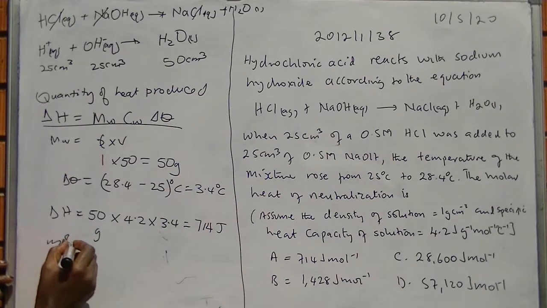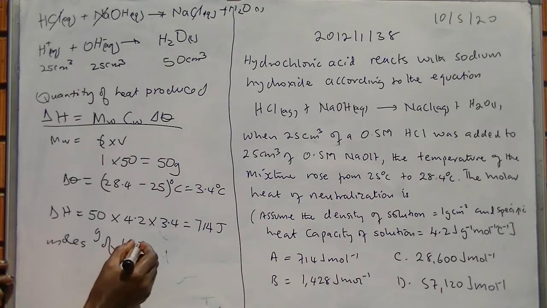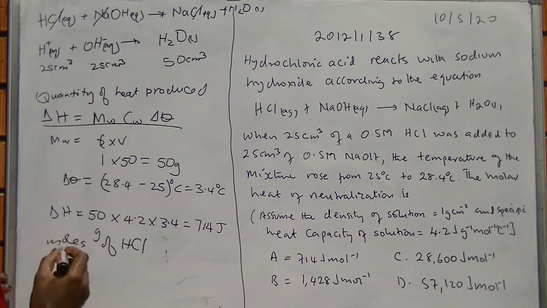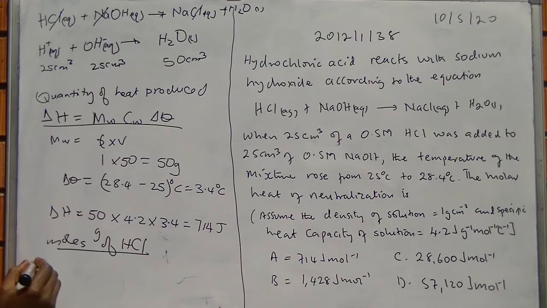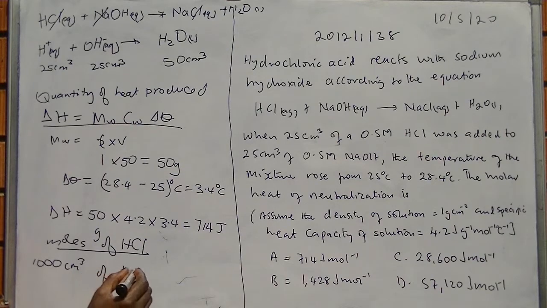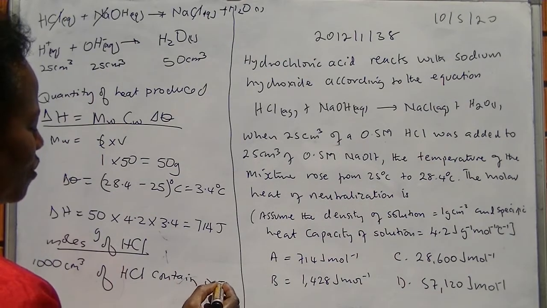Moles of HCl. Capital M, I told you, means molarity, and molarity is the number of moles in 1,000 cubic centimeters. So 1,000 cubic centimeters of hydrochloric acid contains 0.5 moles.